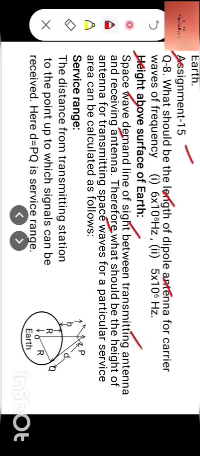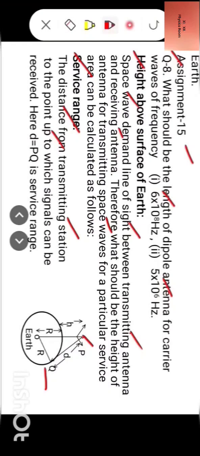Now we come to service range. What is service range? Let us define. Service range is the distance from transmitting station to the point up to which signals can be received. I repeat, service range is the distance from transmitting station to the point up to which signals can be received.